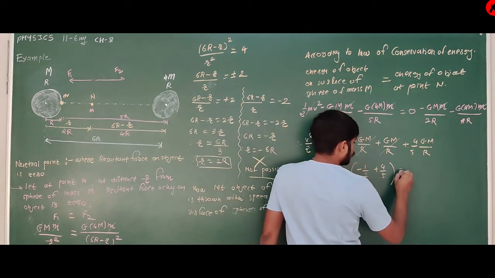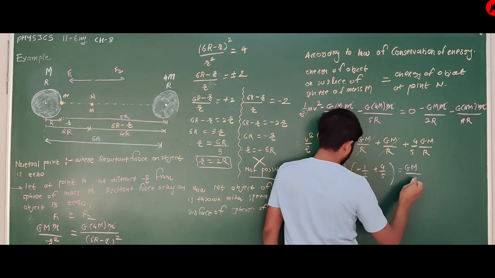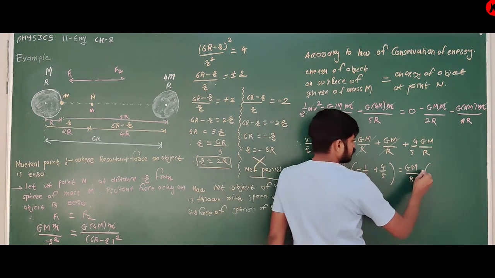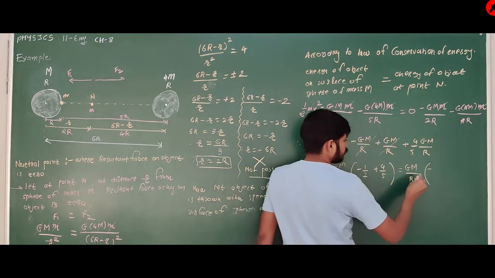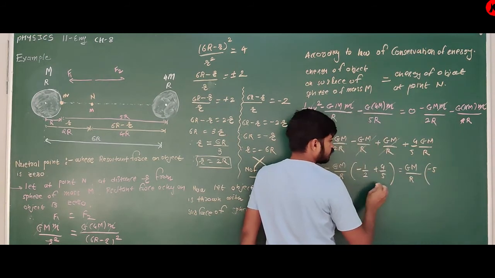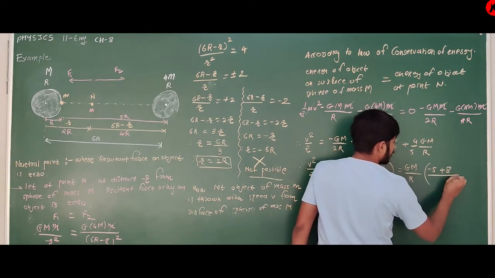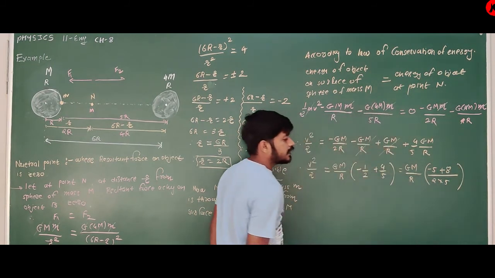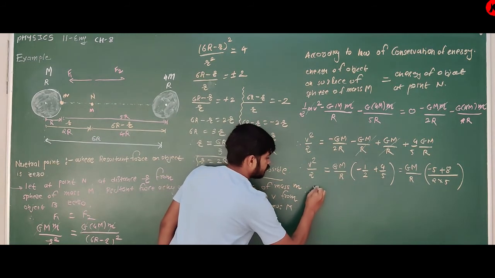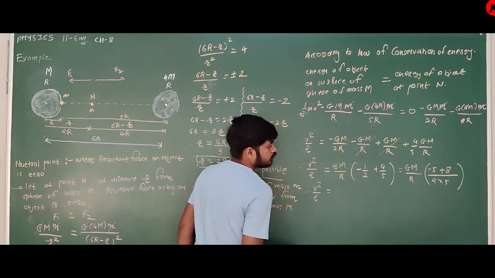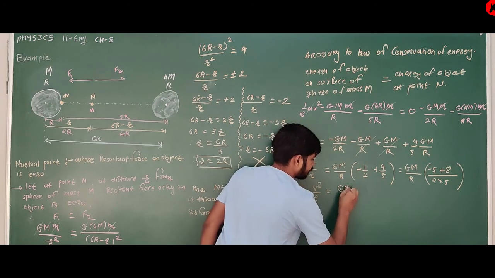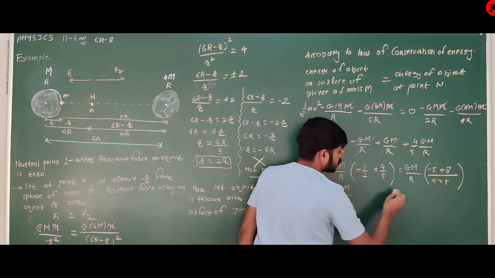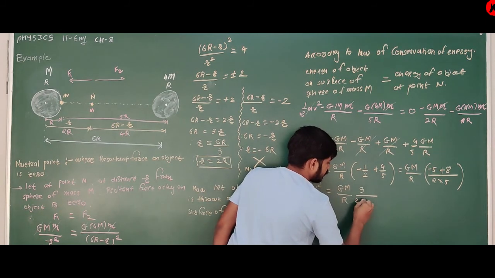So it is GM upon r times, in the bracket, 5 into minus 1 is minus 5, plus 4 into 2 is 8, divided by 2 into 5. Therefore v square by 2 is equal to GM upon r times minus 5 plus 8, which is 3, divided by 2 into 5.